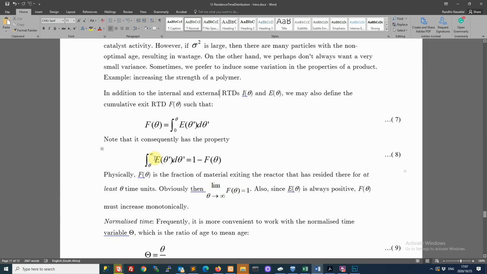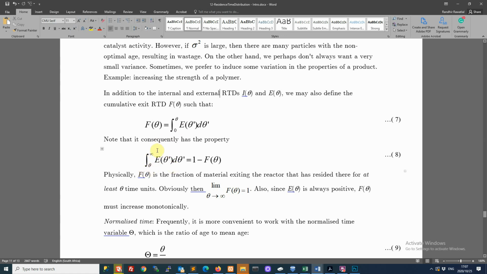And in fact, we don't know that there is some maximum age. It's changing all the time. But in a chemical reactor, we can certainly say there's no maximum. So let's just leave it open and consider all ages up to infinity.